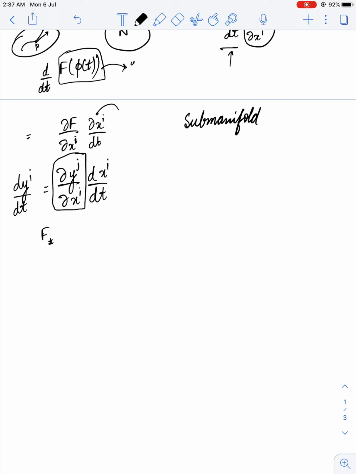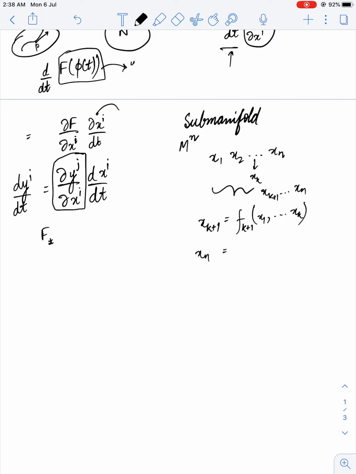Basically, you have on M, on a patch U, x1, x2, up to xn, and what so happens is that up to xk you take these points, and the remaining points xk plus 1 up to xn can be given differentiably in terms of the others, that is xk plus 1 in terms of function k plus 1 of x1 up to xk, and so on for xn.